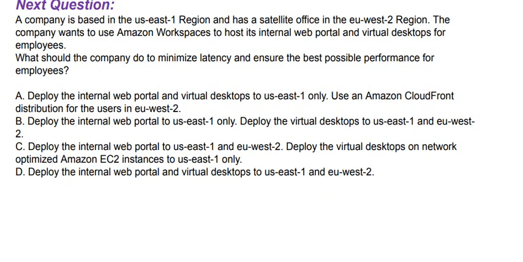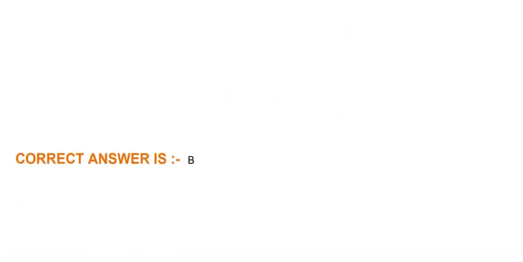Deploy the virtual desktops on network optimized Amazon EC2 instances to US East 1 only. And option D, deploy the internal web portal and virtual desktops to US East 1 and EU West 2. The correct answer is option B.